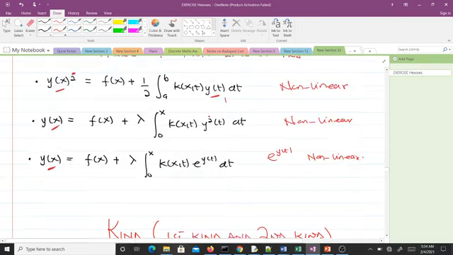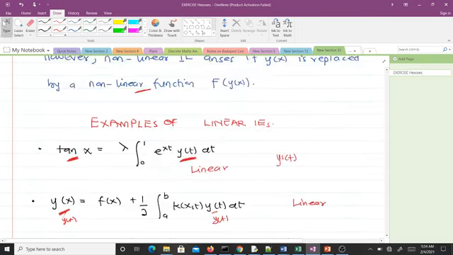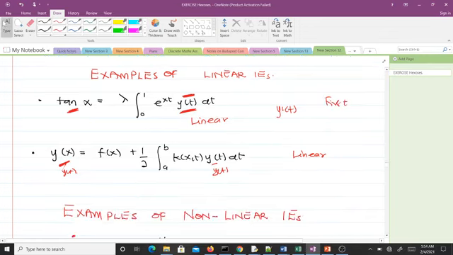Okay, so for instance, with this, the unknown function only appeared under the integral sign. So if we were to classify this based on kind, this would be first kind. However, here, the unknown function appeared under the integral sign and elsewhere. So you can see it is here, it's also here. So this will make it the second kind.